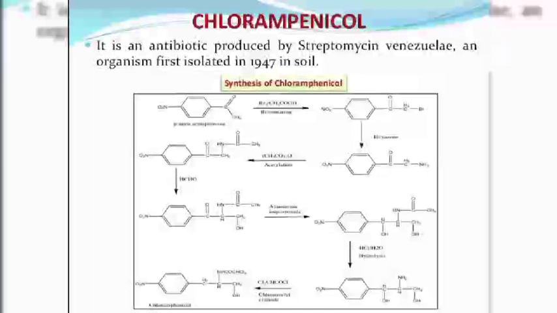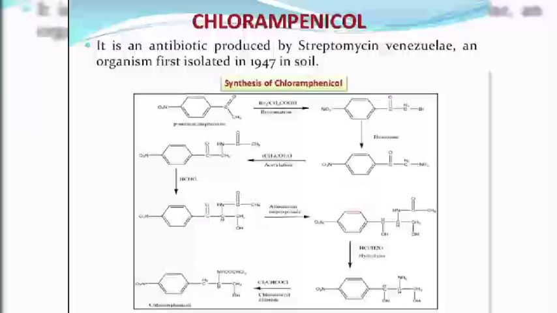Now let us see how we are going to synthesize it. Paranitroacetophenone, so this is what is called as paranitroacetophenone. This on bromination gives the corresponding bromo derivative. So this is the bromo derivative, which on treatment with hexamine followed by acidic ethanol gives alpha amino paranitroacetophenone hydrochloride.